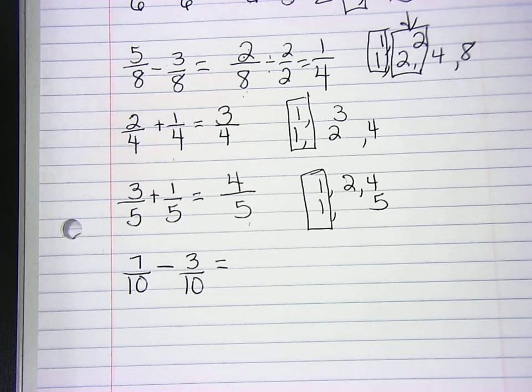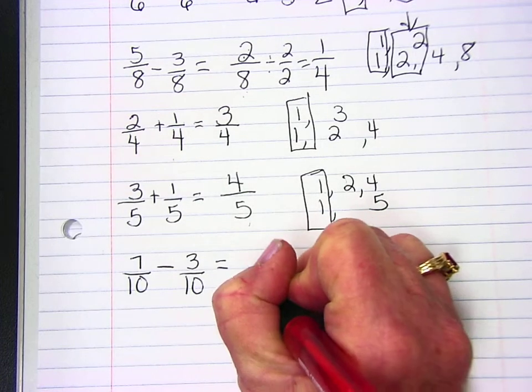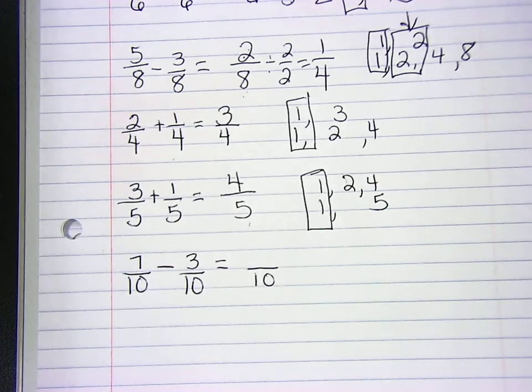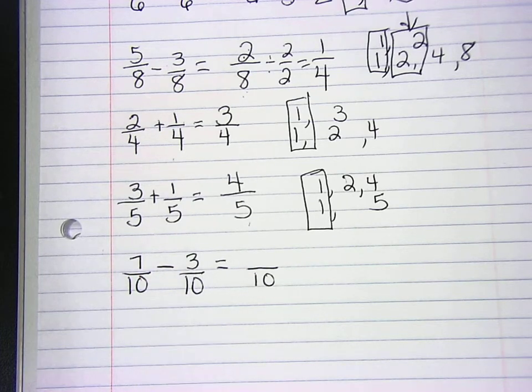Remember, simplest form. So I put my denominator, and then I subtract. What is 7 minus 3? 4.